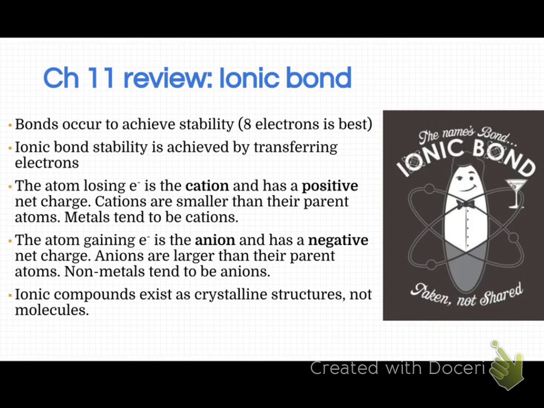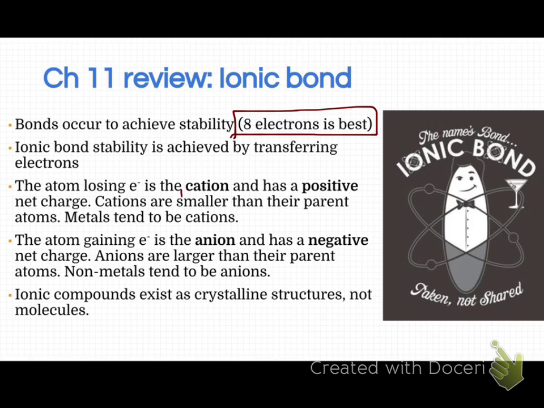So we have another kind of bond that can occur, though. It's called an ionic bond. They still occur because the atoms are trying to become stable. That is to say that they're trying to get 8 electrons. In the case of ionic bonds, they achieve stability by transferring electrons from one atom to the other. They don't share the electrons the way that covalent bonds do.